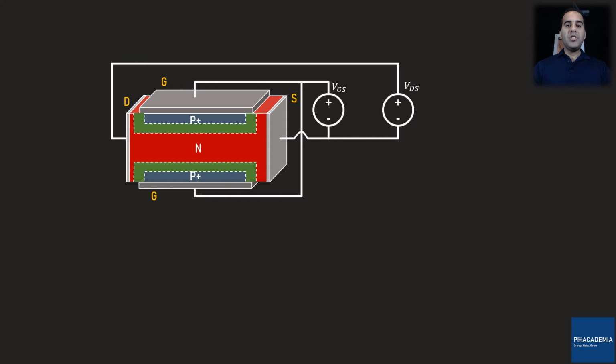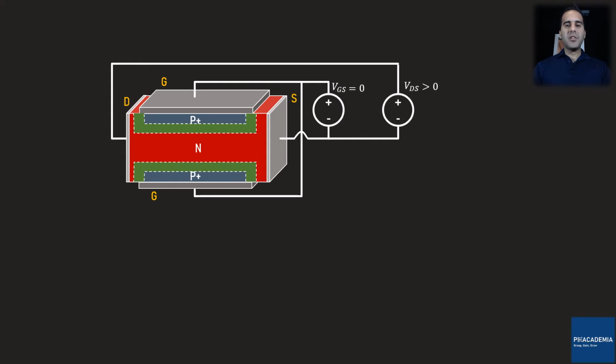As long as VGS and VDS are 0, the depletion regions remain as are. Since the current flow in the N region is not obstructed, the N-channel JFET is normally closed or is in the on state when unbiased, and the N region behaves as a resistor.